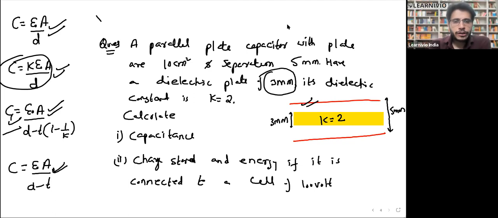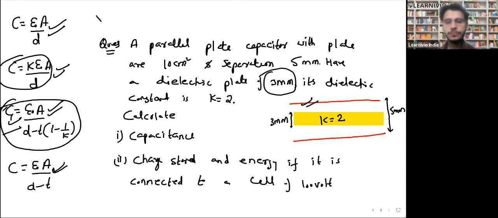Capacitor is a very important topic. If you need any help in calculation, just let me know. This is the formula that you will be using. Okay, Abdullah. You can calculate in terms of epsilon naught if you want.